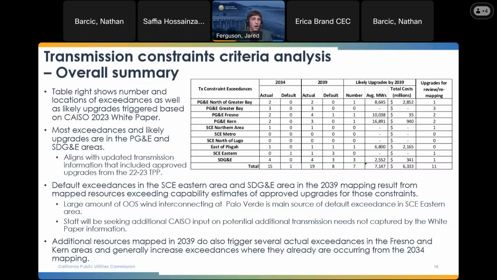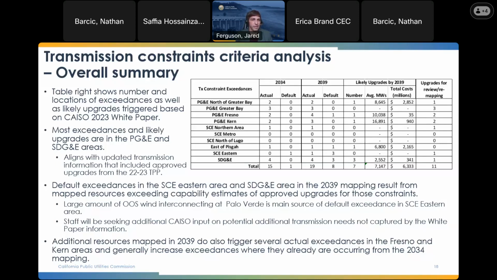And in often cases, we also want more information on the potential transmission upgrades, because you have in a few locations, particularly in the PG&E, Kern, and Fresno area, fairly expensive upgrades that don't provide a large amount of additional capacity.